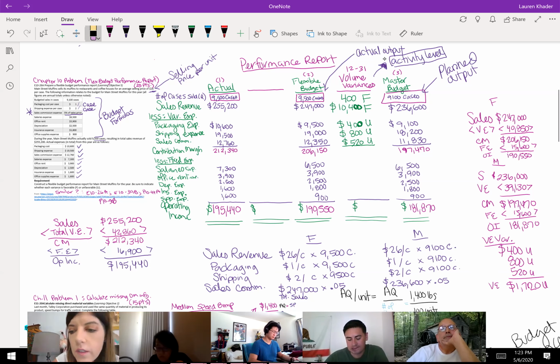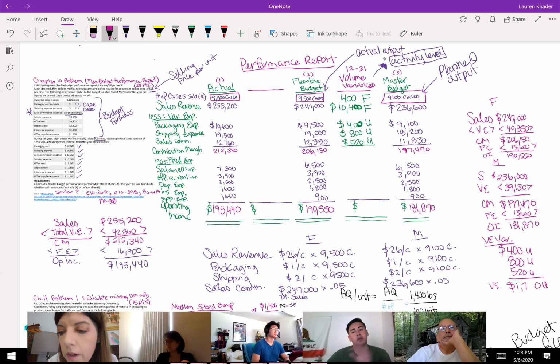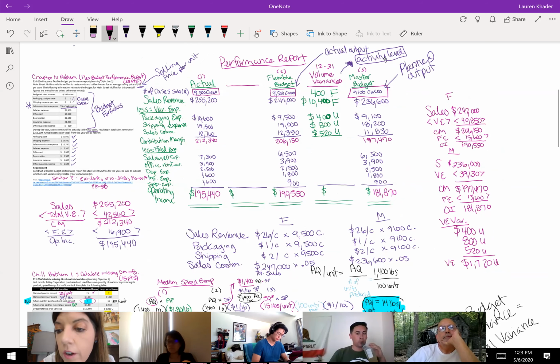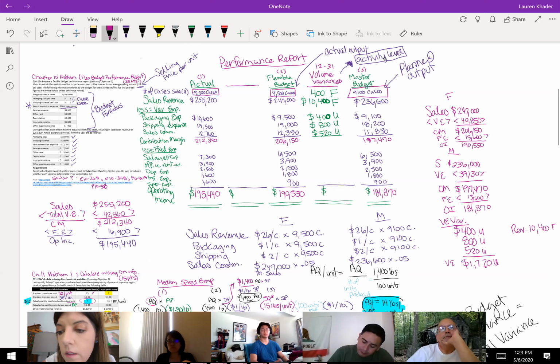So that's just for the expenses. And I'm going to compare that to the 10,400 favorable revenue variance. So revenue was 10,400 favorable, less the variable expense variance of 1,720 unfavorable.